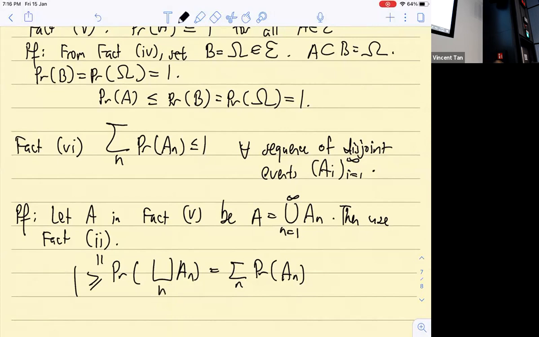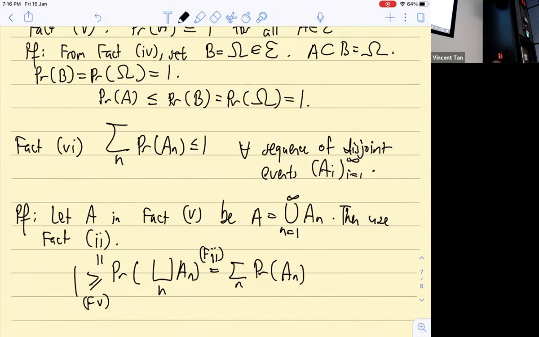So by this notation, I mean this whole thing is a disjoint union. Right? Here, we are using fact 2, and here we are using fact 5. Because fact 5 says that the probability of anything is less than or equal to 1.